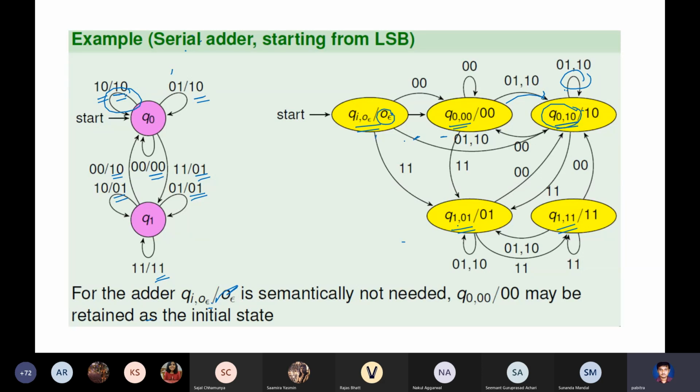You add one more to delta, this O epsilon, so the outputs are O epsilon, 0, 0 and 1, 0. So this is basically delta of Q naught, the outputs possible from Q naught. Since this is an additional output, you should also have an additional state created for this. That's what has been created, Q naught O epsilon.